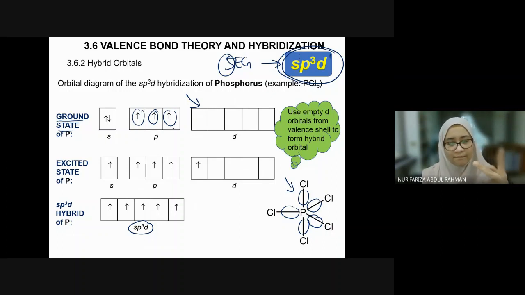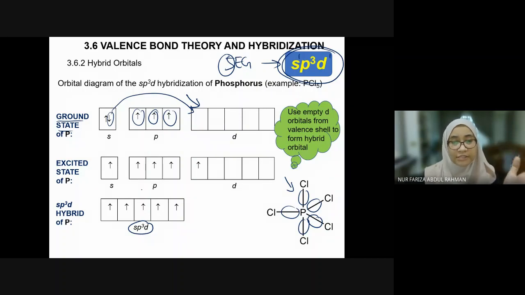To prepare another 2 unpaired electrons, the s orbital here needs to be promoted into the d orbital, guys. Finally, all the electrons are unpaired, in single form. This is only the promotion of electron. Next, the orbitals need to be hybridized, or combined, and finally form this sp3d.